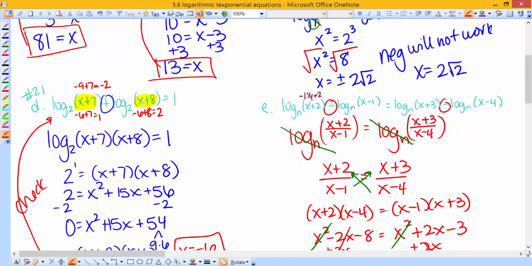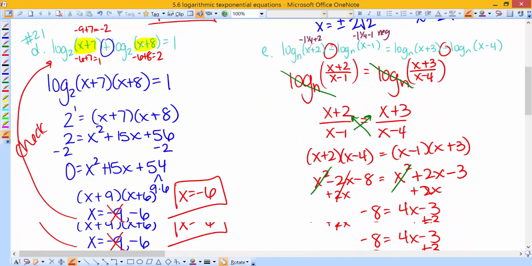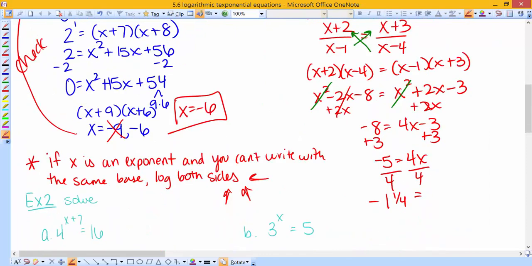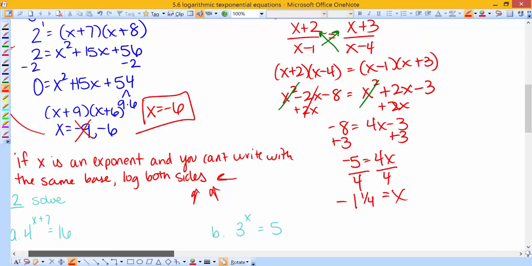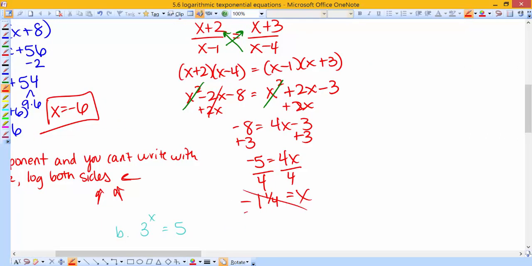So that's good. Now I need to move to the next one. Negative 1 1/4 minus 1. Oh, that one's going to be negative no matter what. This does not work. Since this was my only solution and it did not work, there is no solution.